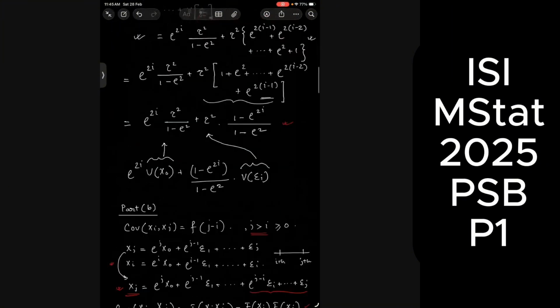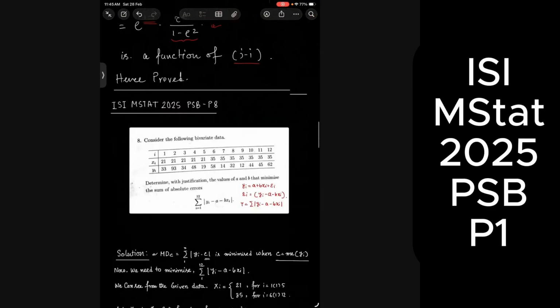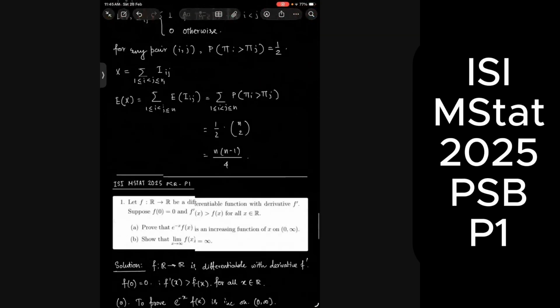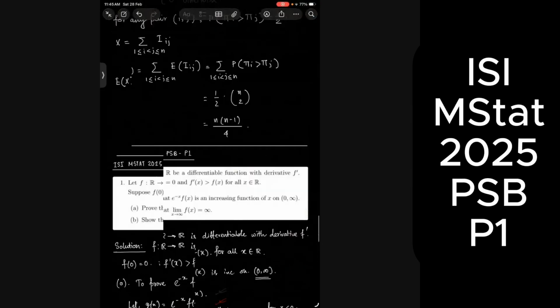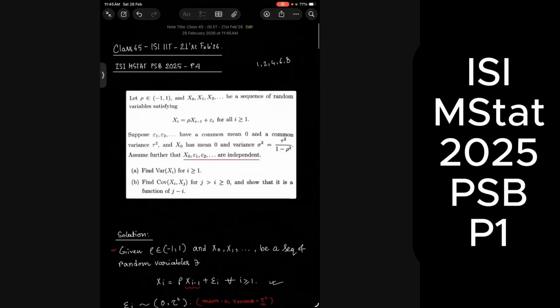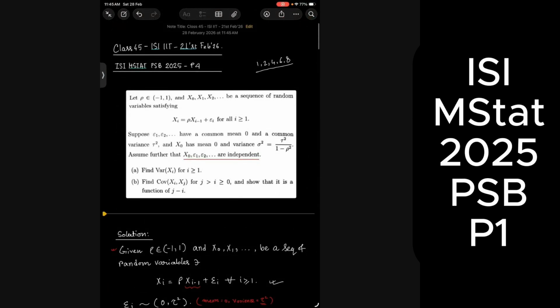This is problem 4, 8, 2, 6, 1. So 1, 2, 4, 6, 8 here in this note.